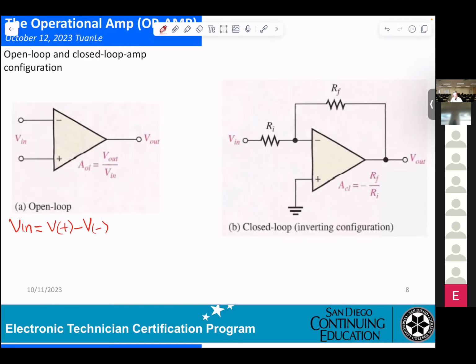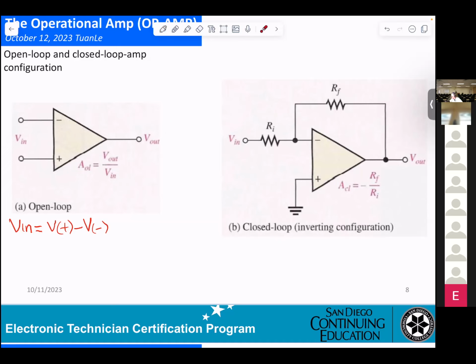However, if you don't have a basic understanding, you don't know what Vin is. Vin means the difference between V positive and V negative. So the gain AOL equals Vout divided by Vin, that means divided by V positive minus V negative.